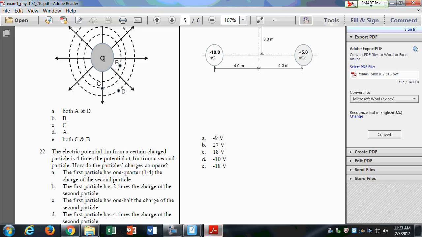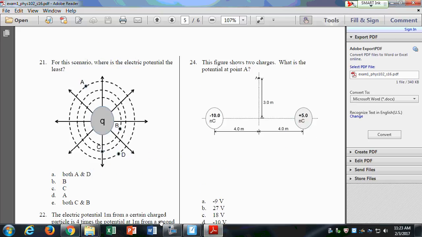Sure. So 24. You're definitely going to have one of these. What is the potential due to multiple point charges? At this point, what you need to know is the distance, 5 meters, because 3, 4, 5, 5 meters there as well.